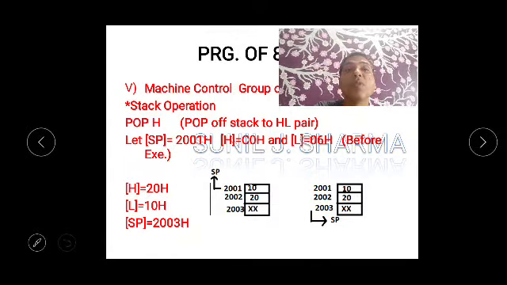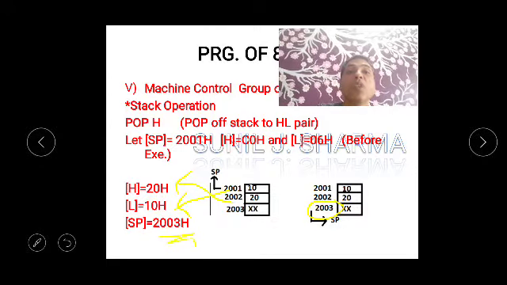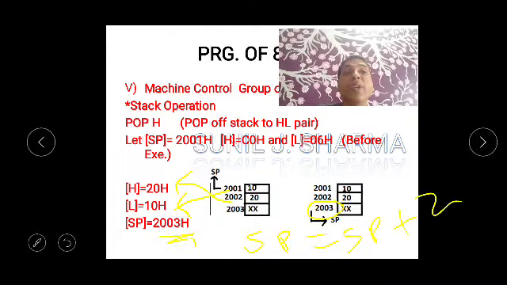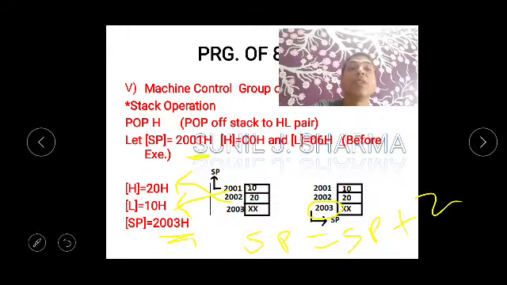Whatever the contents of the first memory location, that will be given to the lower order, and whatever is in the second memory location, that will be given to the higher order. Okay, and the stack pointer will be pointing to the new position, that is 2003. So in this case the stack pointer is incremented by 2. Can you see here, initially it was at 2001, now it has been moved to 2003.